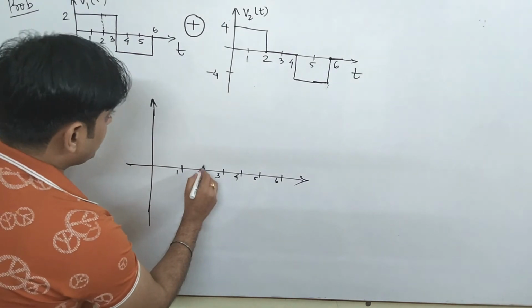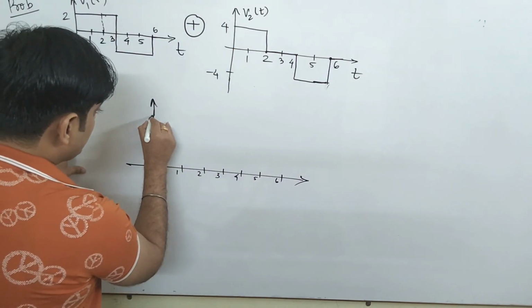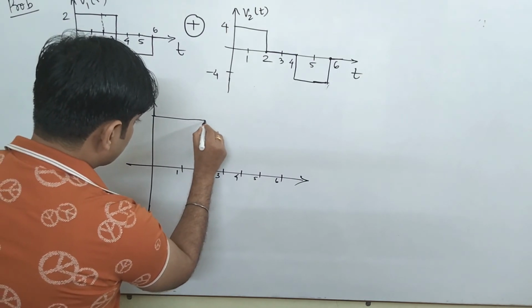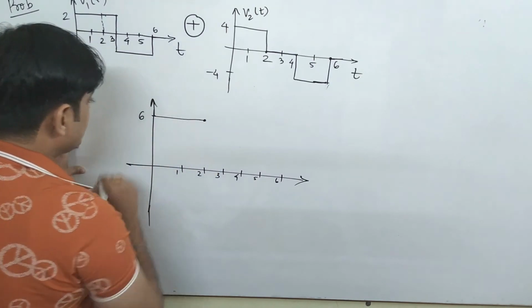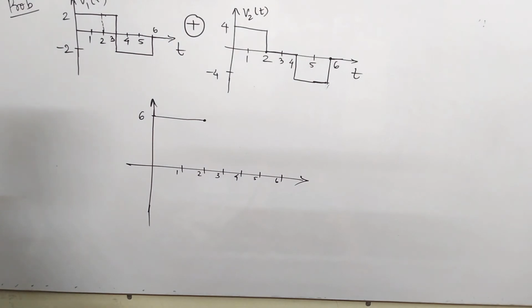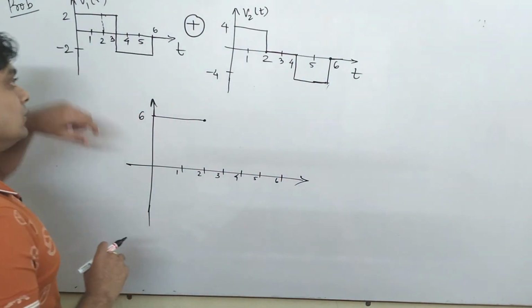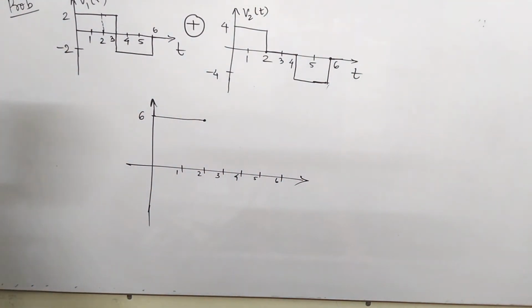So you can say that when it is added, that comes to be 6. This magnitude is 6. Okay. But when you come to 2, this magnitude goes up to the value of t equal to 3. So here at 3 it is 0.